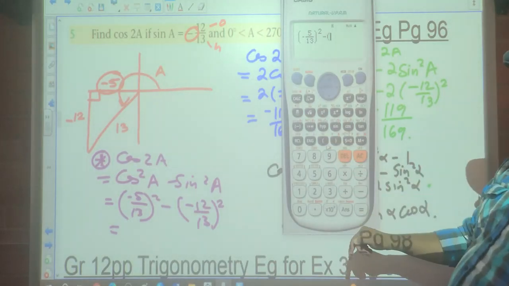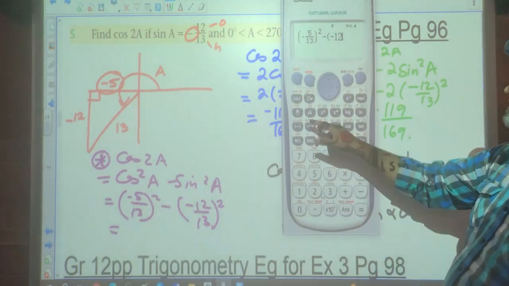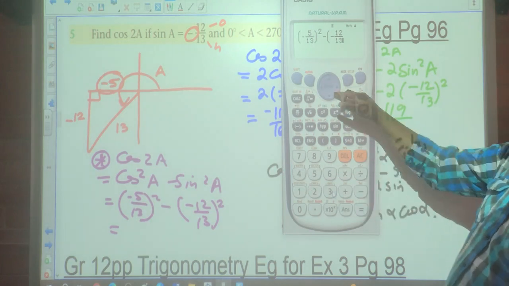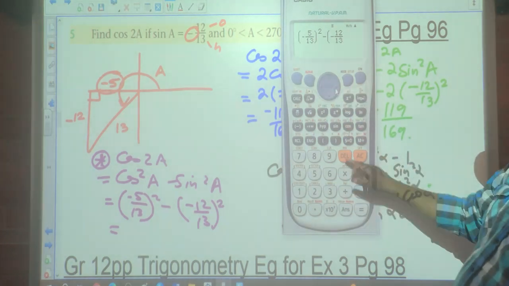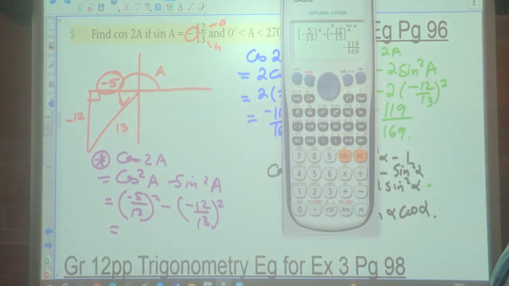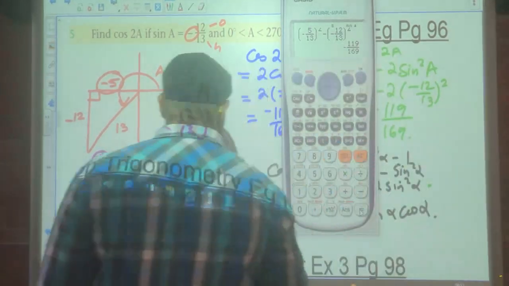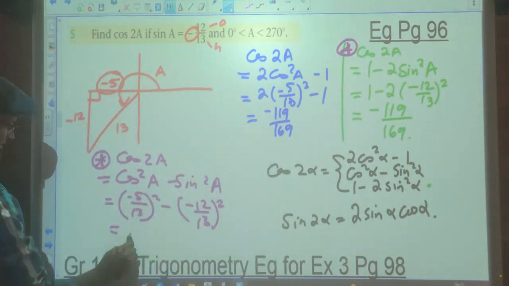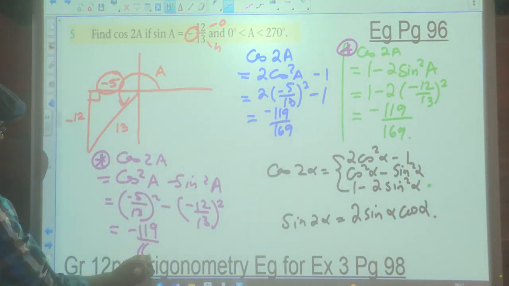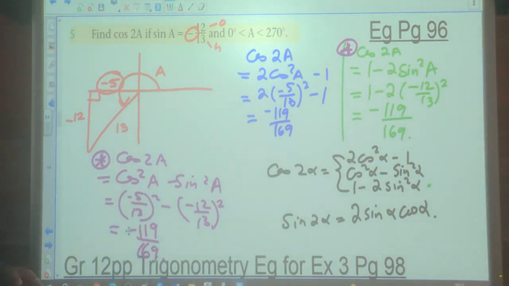What do you notice? Same answer of negative 119 over 169. People, you guys understand? Easy, no? Okay, don't say that yes too loud.